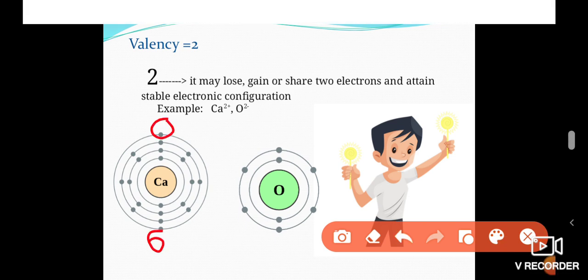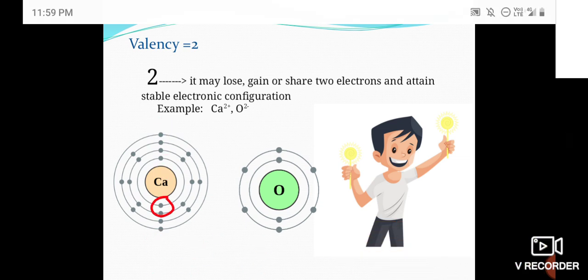Here 1, here also 2. So if it loses its 2 electrons, it attains a stable octet configuration. So it loses 2 electrons, and the valency is 2.